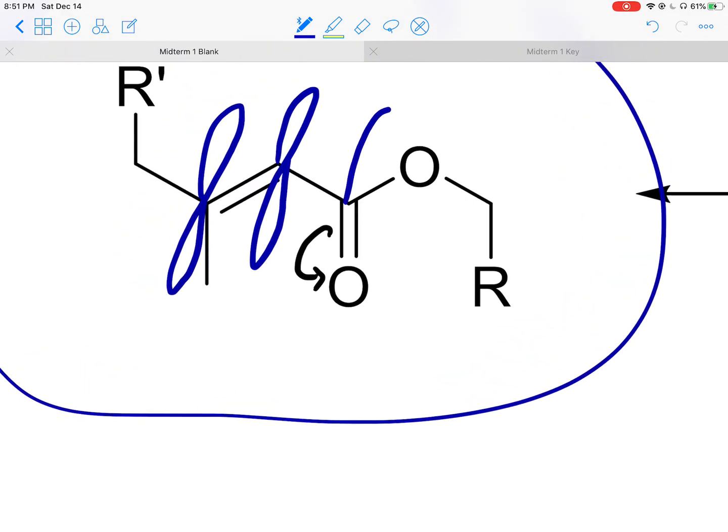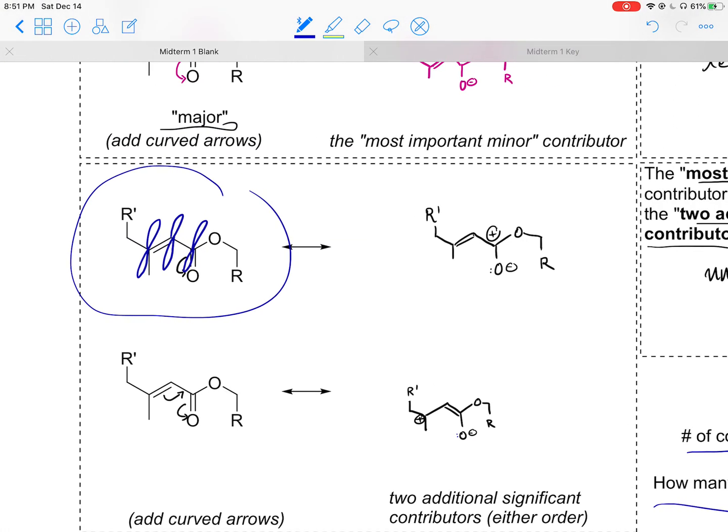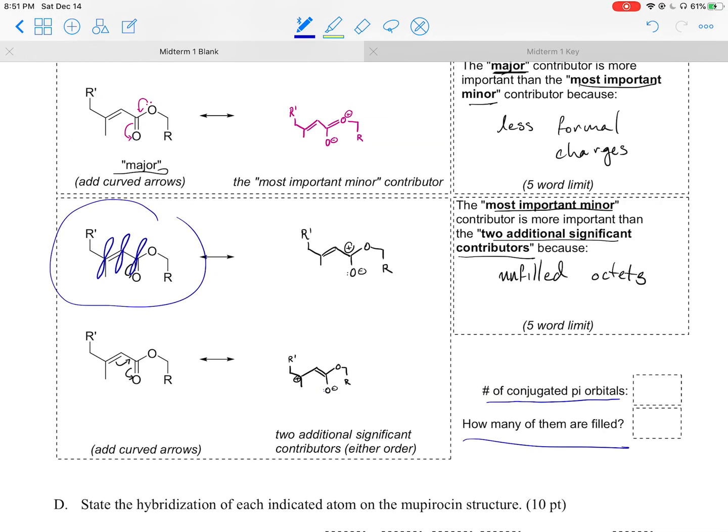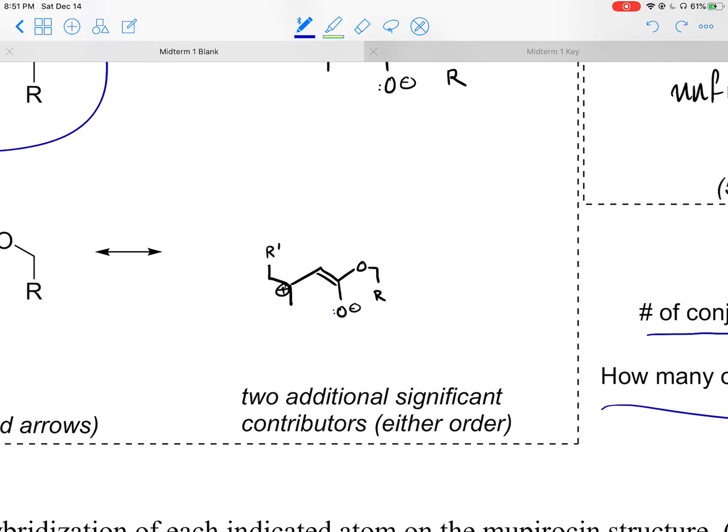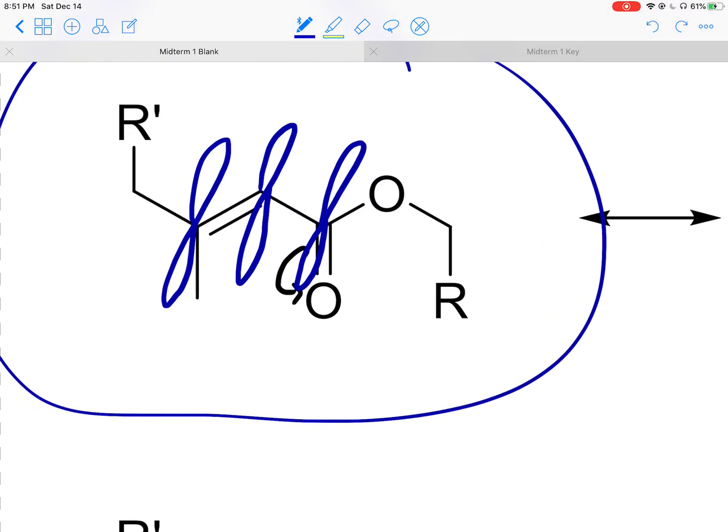There's a p orbital at this carbon because it's participating in a pi bond between it and the oxygen, and it's also participating in one with this oxygen and also with the carbon next to it.